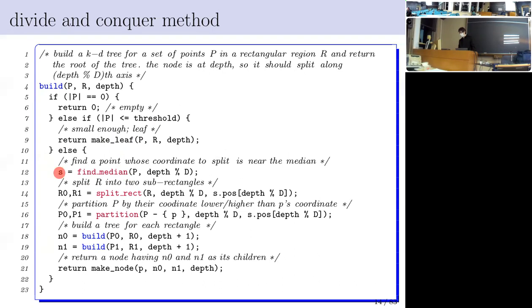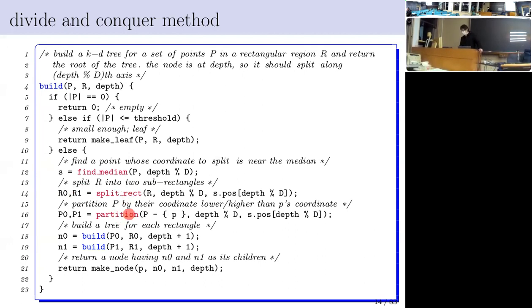And we get a point through which we split the R. And this split left is simply to make two smaller bounding boxes, the bounding box for the left child and the bounding box for the right child, and let's call them R0 and R1.